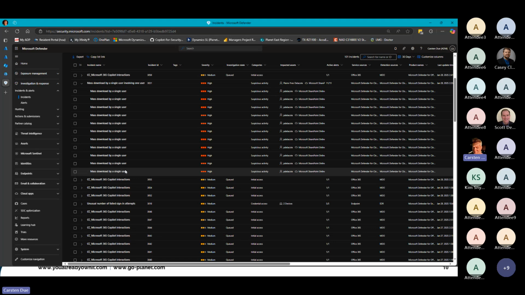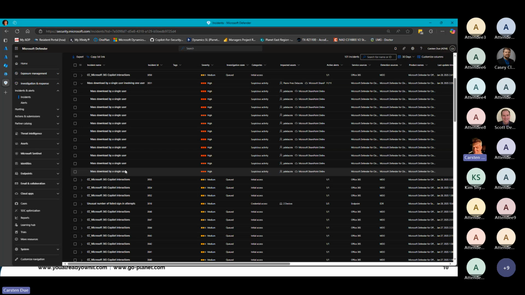So if you're using a tool that doesn't understand the Microsoft data signals, the security telemetry, you'll be sitting there with 11 events, and then some human is going to put that together to figure out this is the same thing 11 times, or these are 11 events that mean one thing. Same thing.